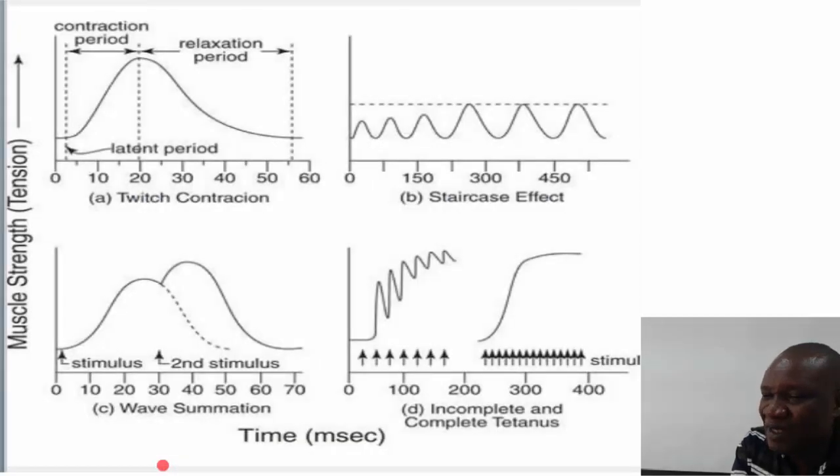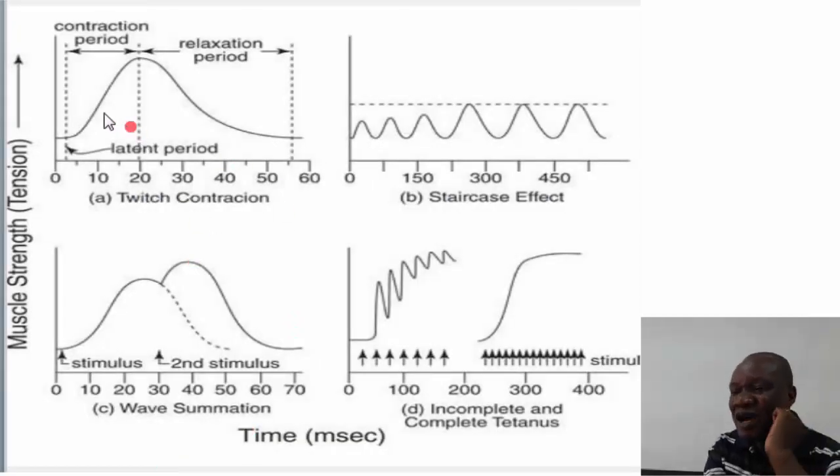So coming back, we have a twitch. If we applied a stimulus, we generate a response. And while the response is still in process, before the muscle relaxes, if we apply a second stimulus, then we have the response of the second stimulus fusing with the response of the first to produce what we call the summation of wave.